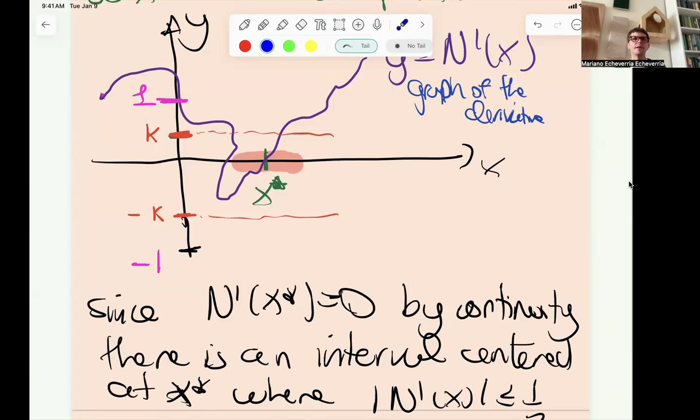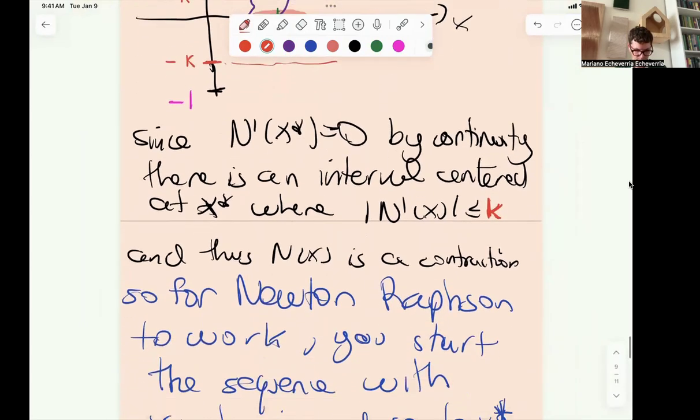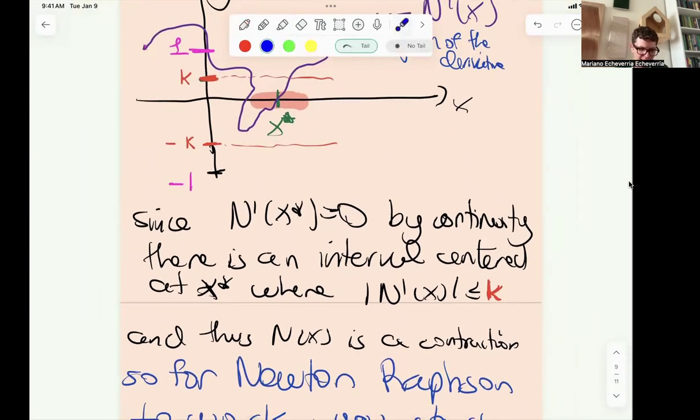The only thing that I'm assuming is that the function is continuous, because if the function is continuous and it's zero somewhere, it cannot grow too fast, basically. But I don't know the specifics of this graph.